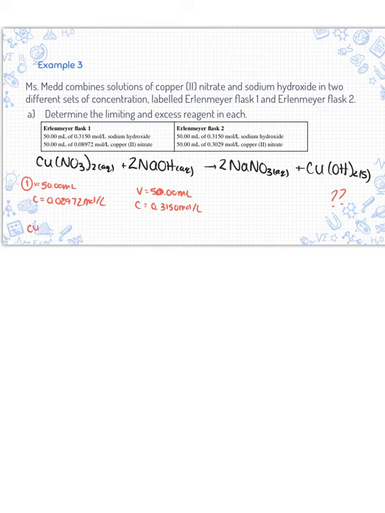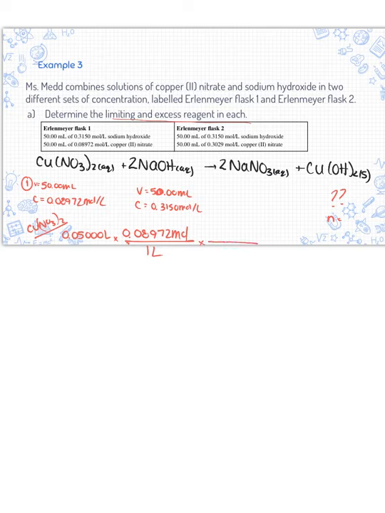So let's start with copper 2 nitrate. I'm going to use unit analysis. Because I don't need a mass, I just need to determine who's limiting and who's excess, I'm going to stop at moles of product. So 0.05000 liters times 0.08972 moles per 1 liter.